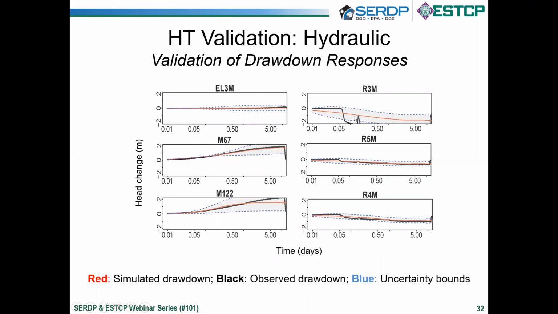The red line is the mean water level prediction from the hydraulic tomography result. And the blue line shows the 1 standard deviation uncertainty estimate of the drawdown response. And you can see that the observed data and the mean prediction result are in good agreement, supporting the technical performance of the hydraulic tomography technique.